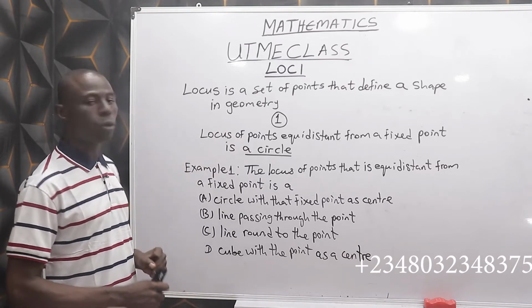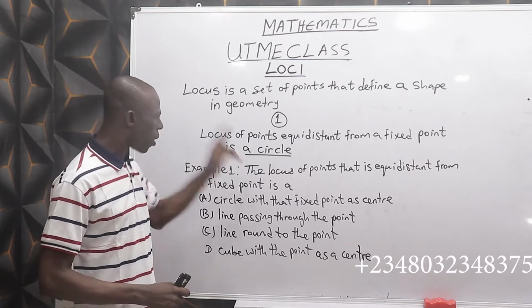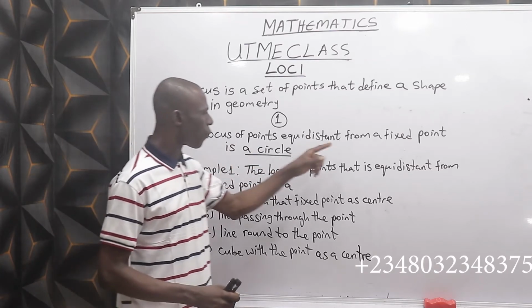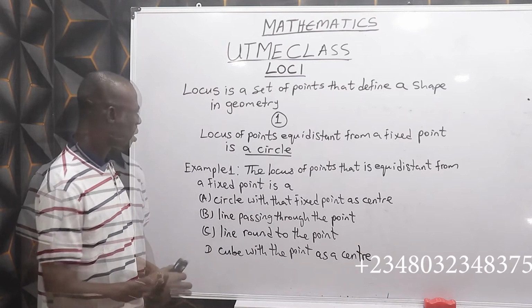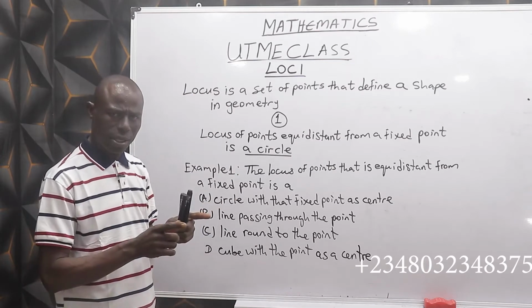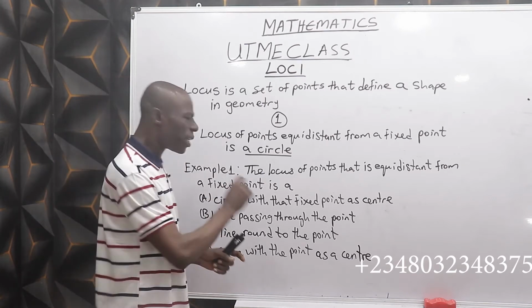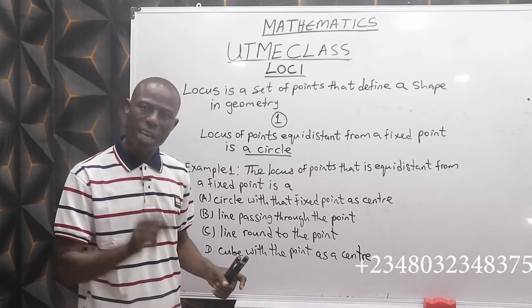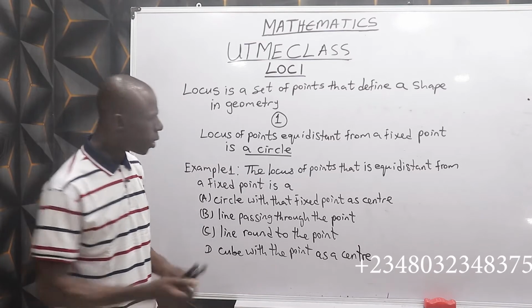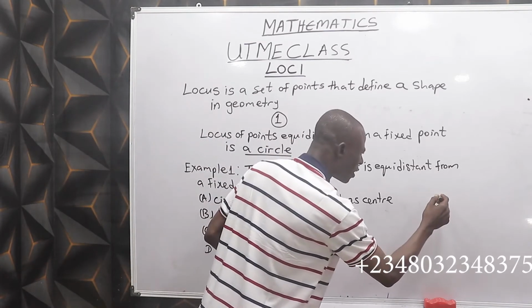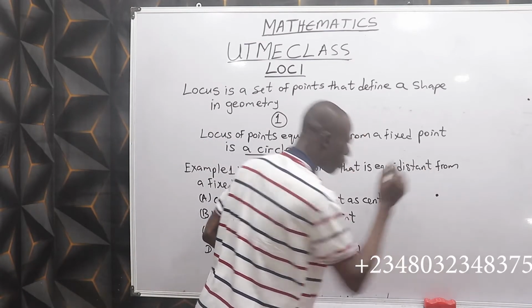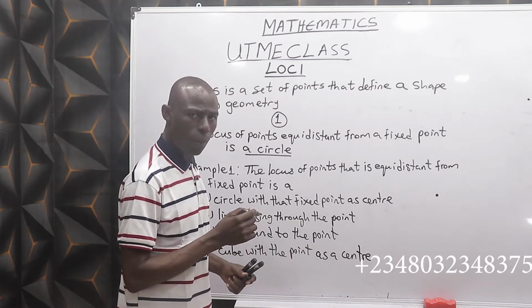Number 1 we are going to look into is locus of points equidistant from a fixed point. The locus of points that is equidistant from a fixed point is said to be a circle. This is what we mean. Let's say this is a fixed point where I dot here is a fixed point.